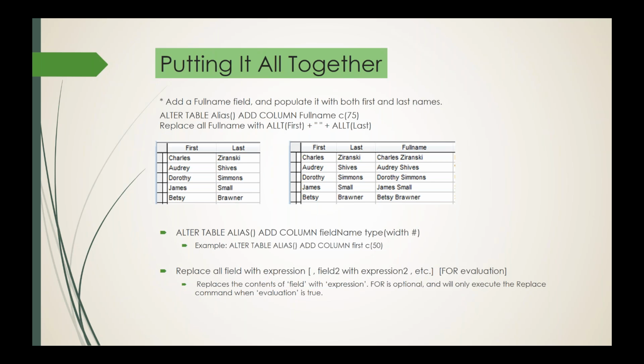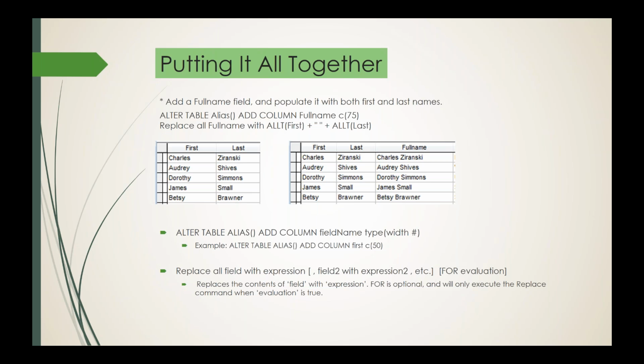As you can see at the bottom of the screen, with the alter table syntax that we're going to be using, we have alter table alias add column full name. It's a character type field, so I use C, and the width I want is 75, just to make sure I can fit all the data in the first and last fields.